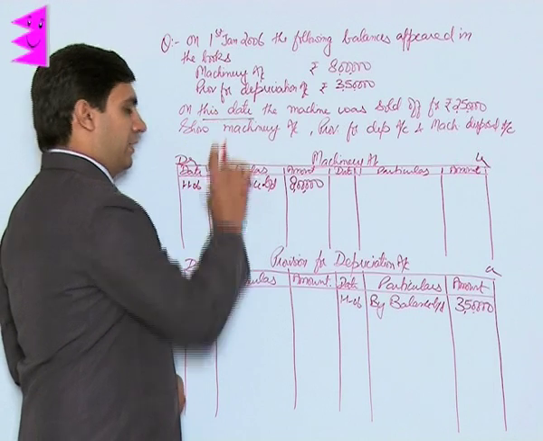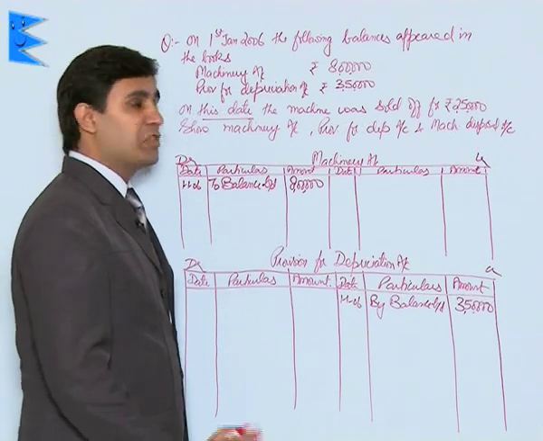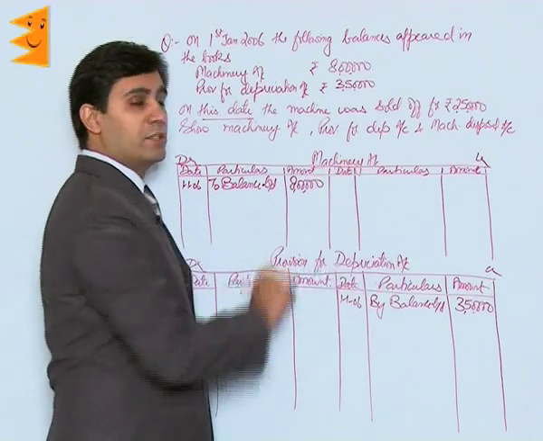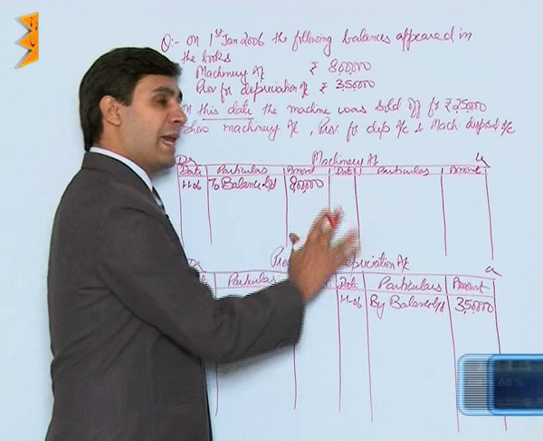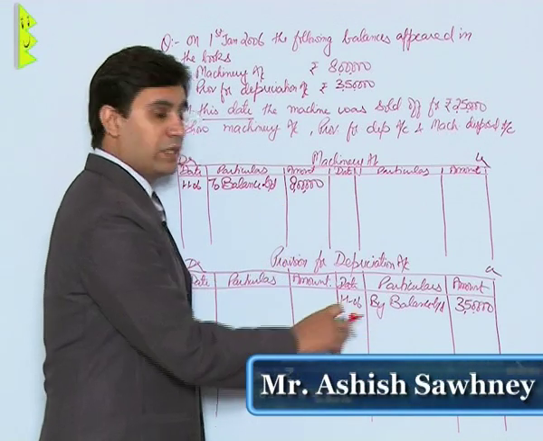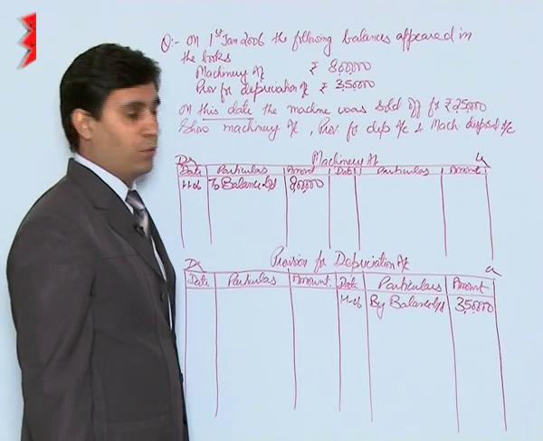Now on this date, that is on 1st January 2006 itself, this machine has been sold. So as per the machinery disposal account, both these balances, that is the balance in the machinery account and the provision for depreciation account, should be transferred to asset disposal account.